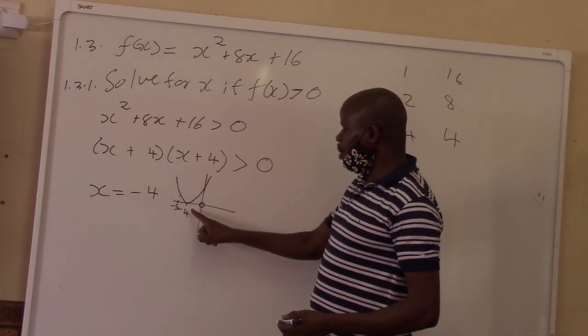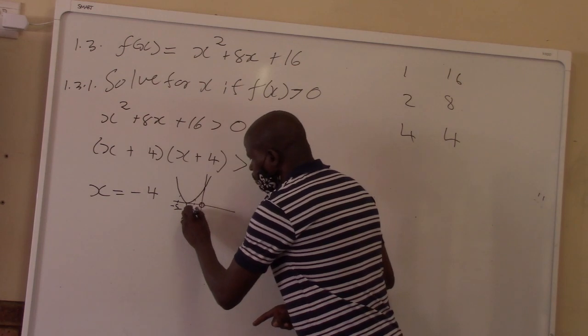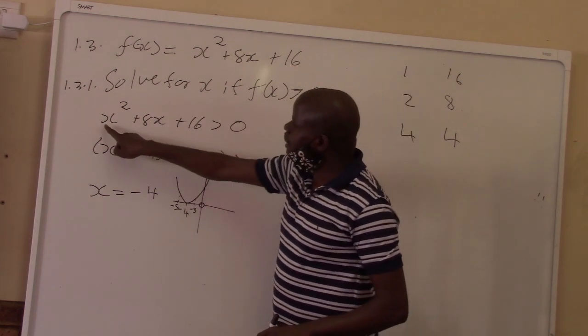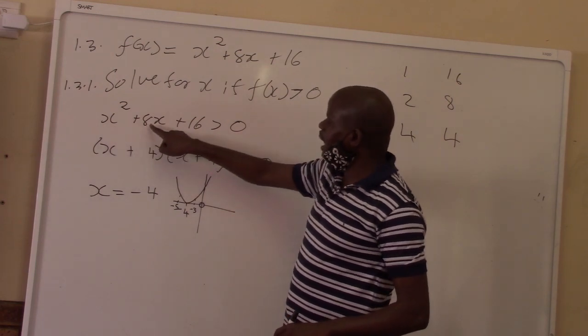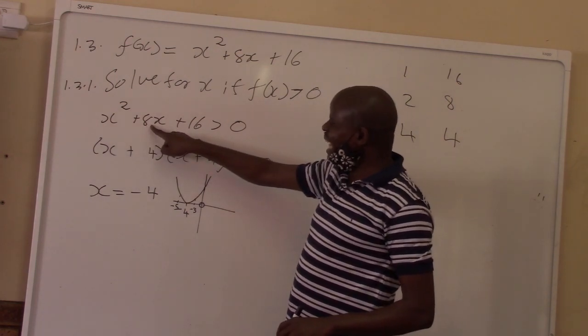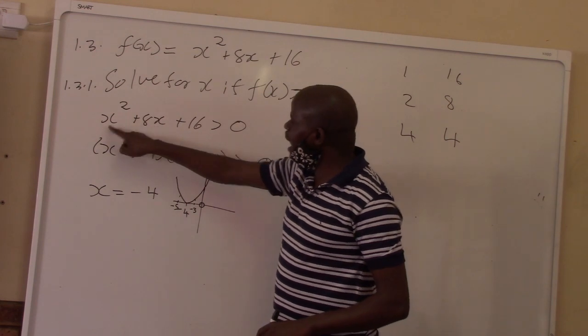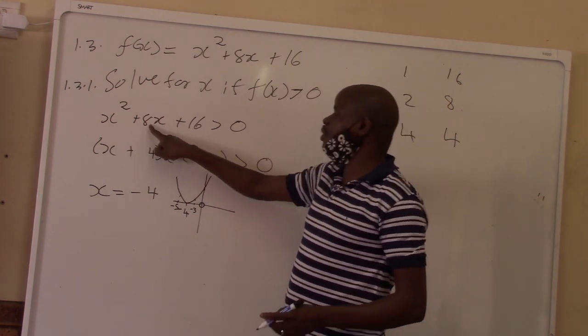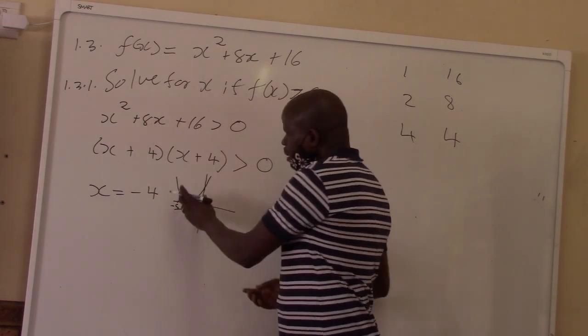And also, if we substitute -3, here it's going to be 9, and here it's going to be -24. So 9 plus 16 is 25, and 25 minus 24 is 1. So again, it's going to be positive.